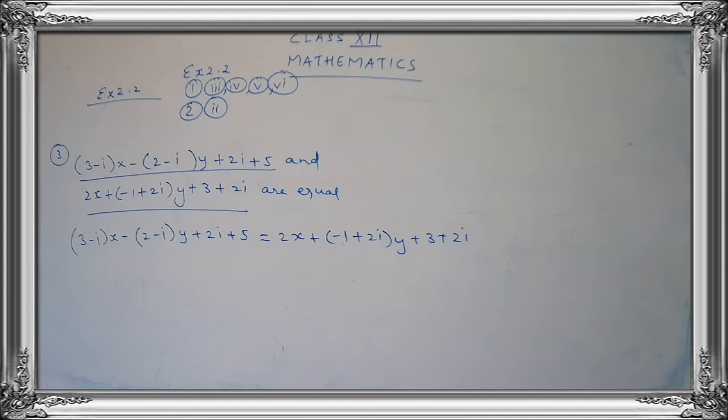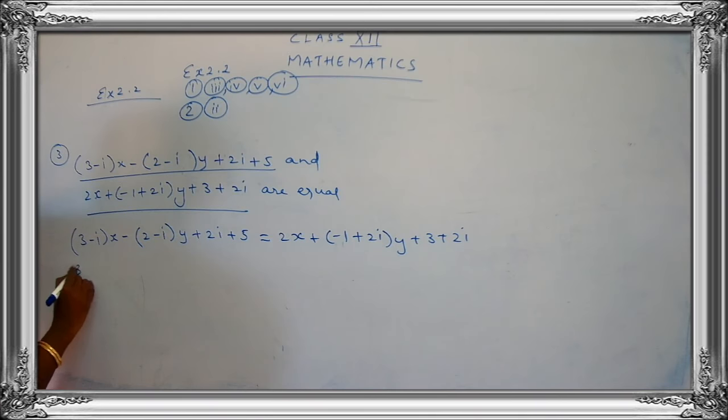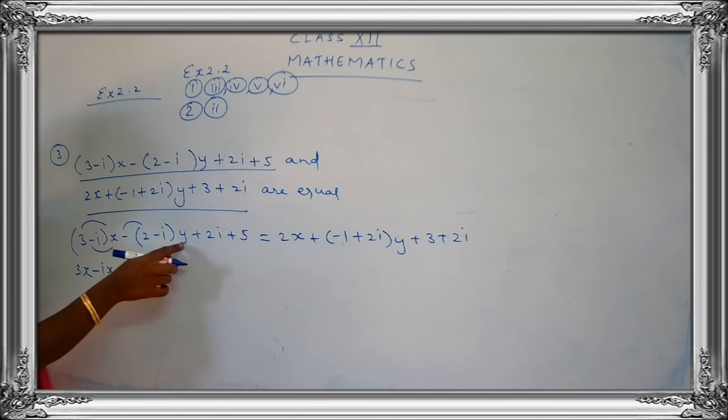So both the complex numbers are equal. Now let's see what we are going to do. The first step is to try to open the bracket. Open the bracket first, children. So this is 3x minus ix minus 2, and one more, children, be careful here.